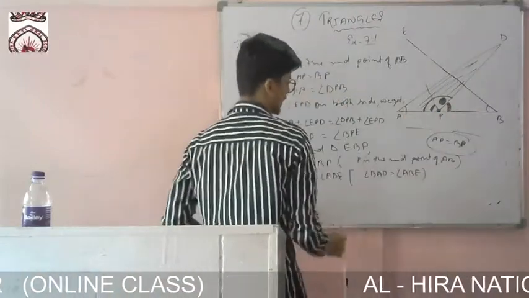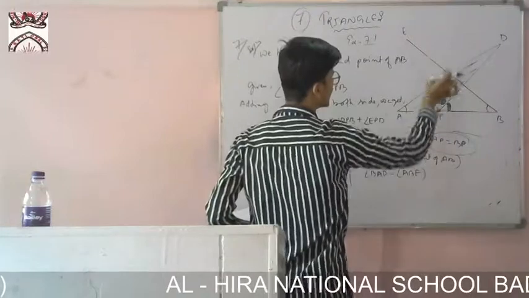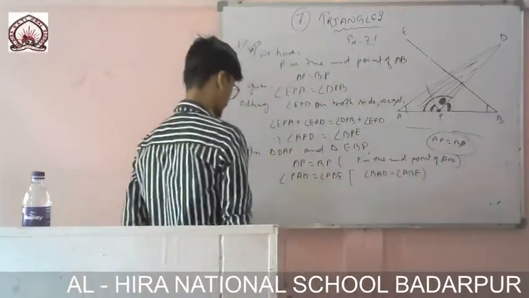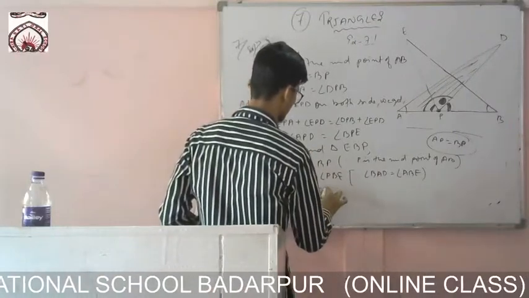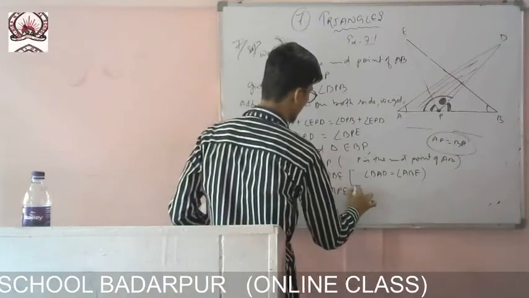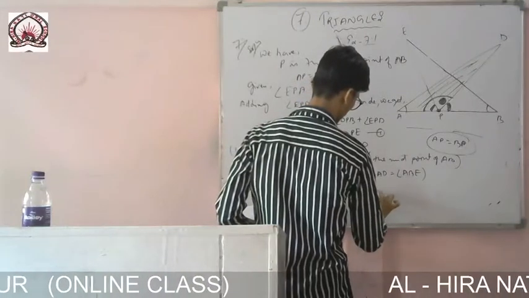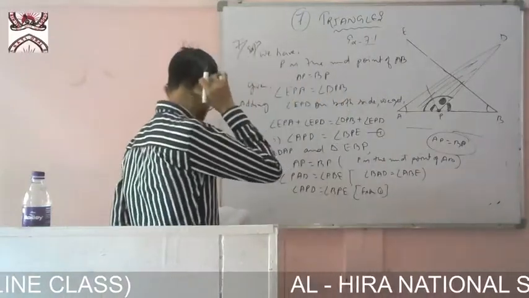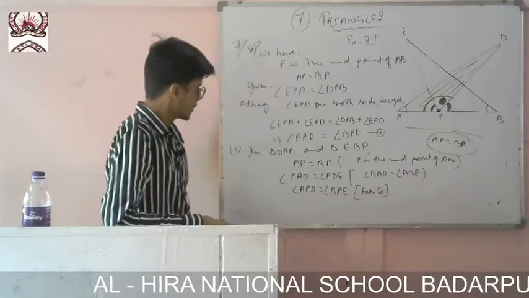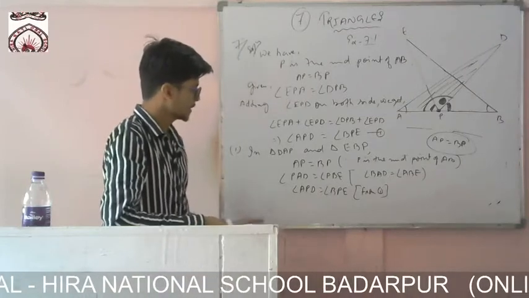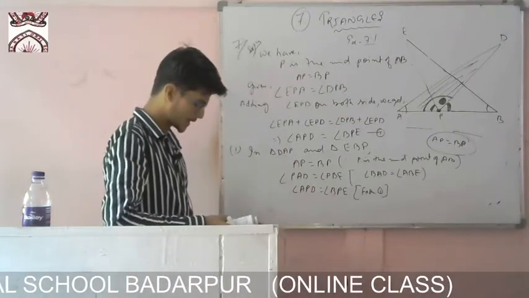So I have taken a point P rather than taking the point up to B. So these two angles are equal, and just now we have proved one, that angle APD is equal to angle BPE. We have shown that two angles and one side are equal, so I can say that these two triangles are congruent.